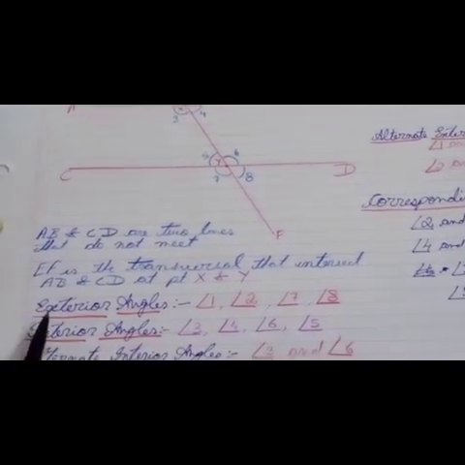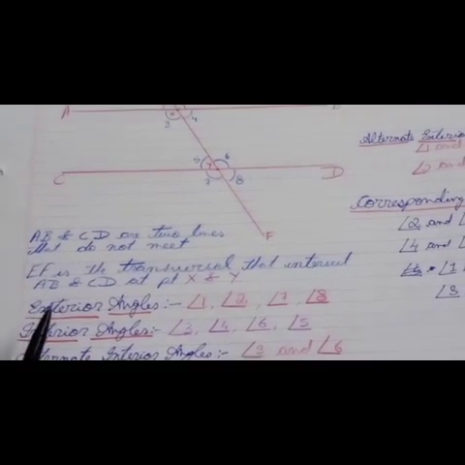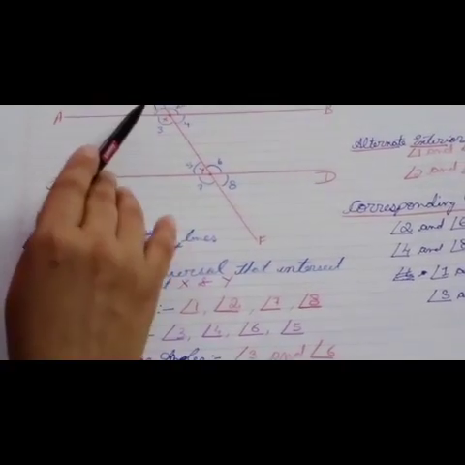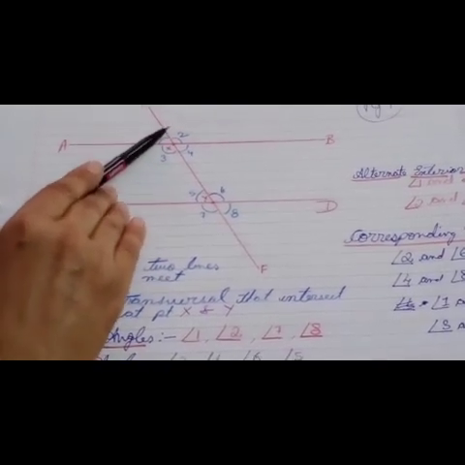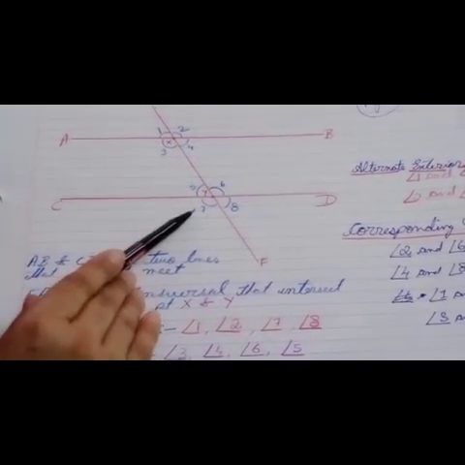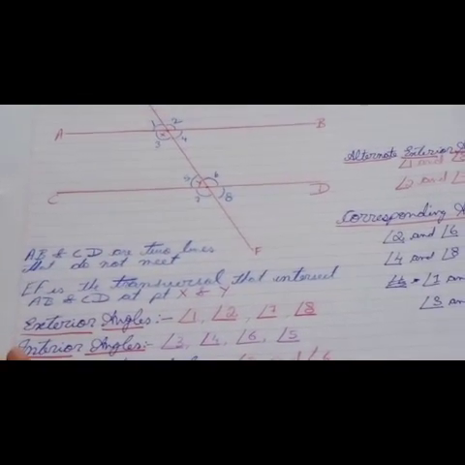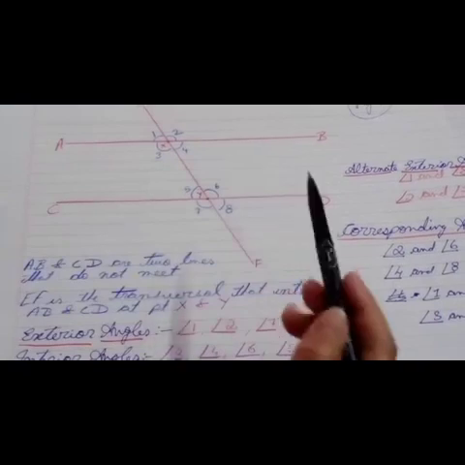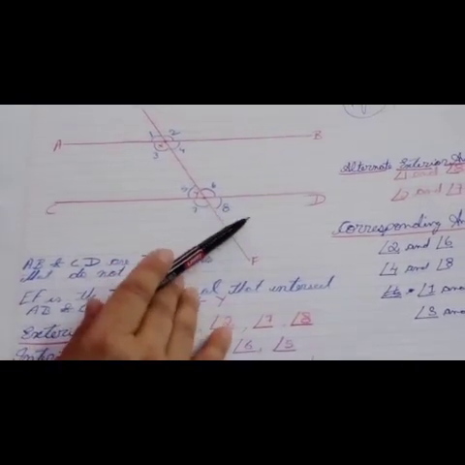First we will start the topic of exterior angles. Exterior angles are those which lie outside. Here angle 1, angle 2, angle 7 and angle 8 are exterior angles. Exterior means something outside. So these are all the exterior angles which lie outside.